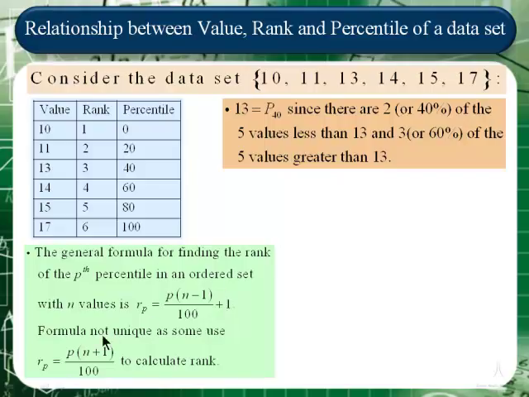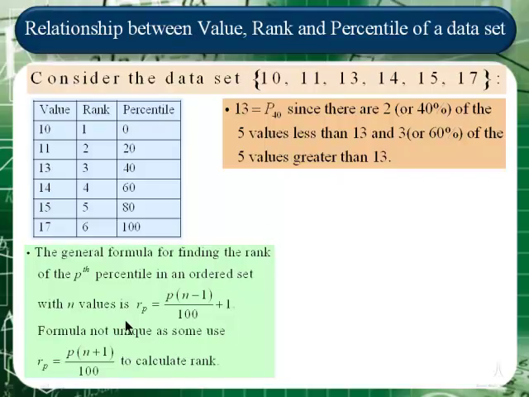Now this formula is not unique because some people say that we can calculate the rank simply by taking the percentile, multiplying it by 1 more than the sample size and dividing by 100. So we will actually use both of these in different situations.